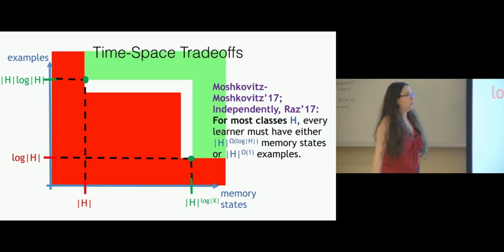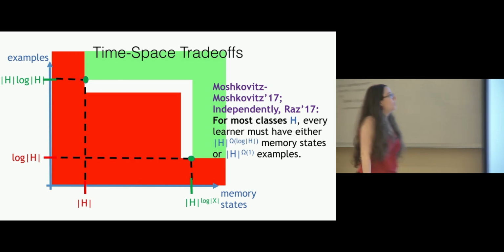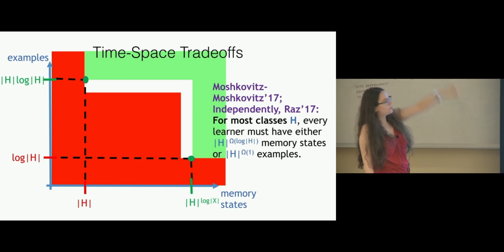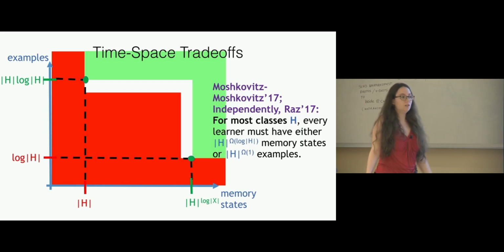This result was proved independently by Raz, and he used the algebraic notion of mixing, which is the singular values. And note that there is still some white over here, so this question is still not closed, and we don't know optimal bounds for every class.